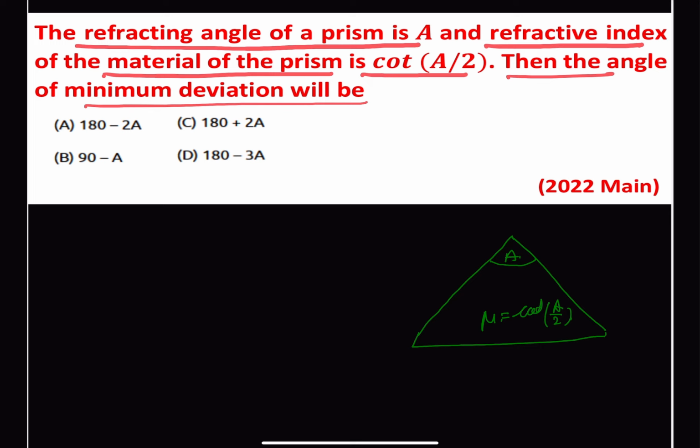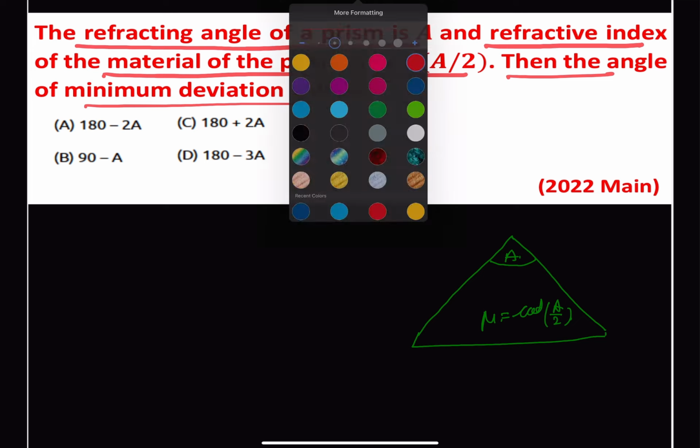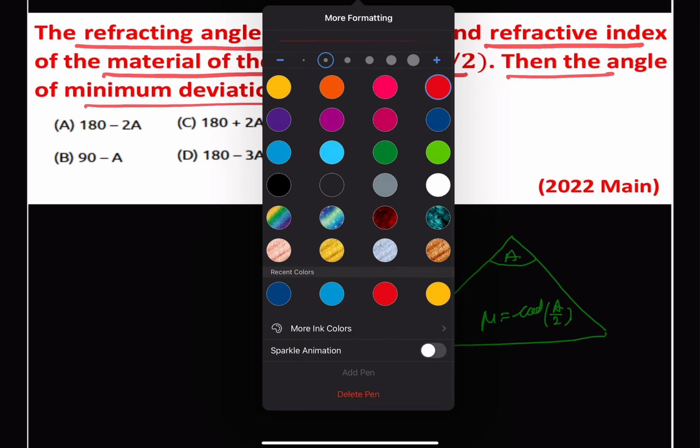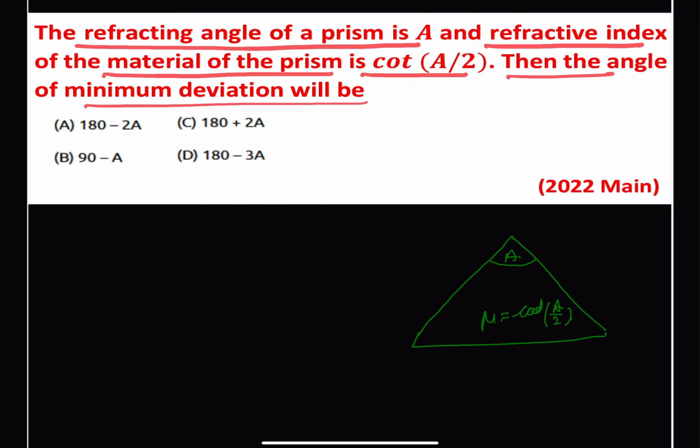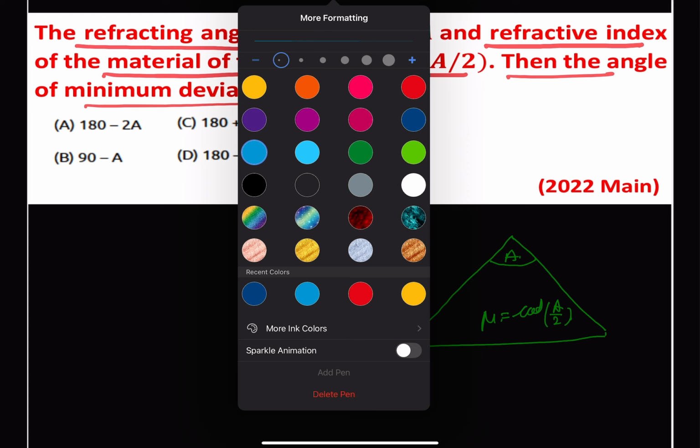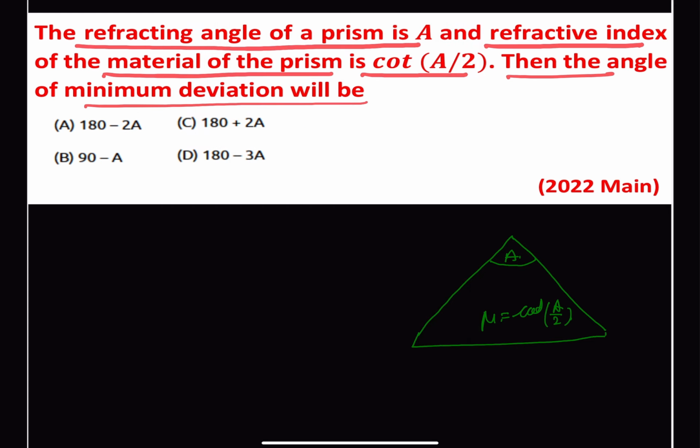and that is directly based on the formula, and the formula states that the refractive index mu will be equal to sine of (A plus delta m) divided by 2, over sine of A by 2, where delta m is the minimum deviation.